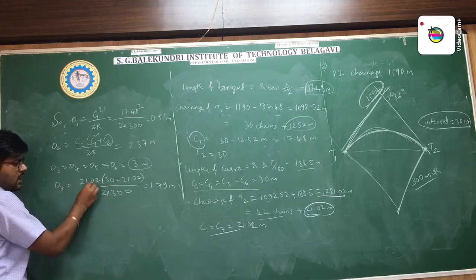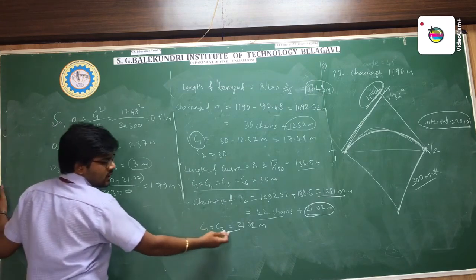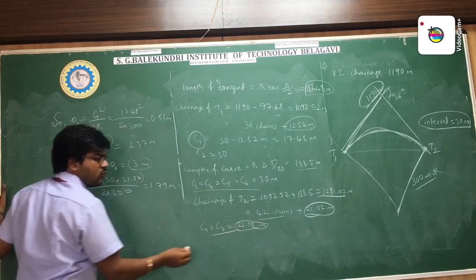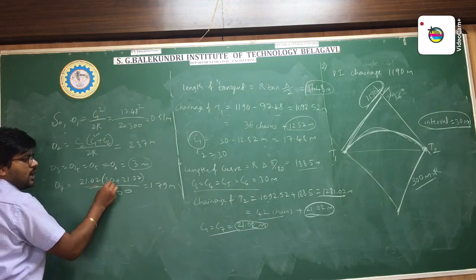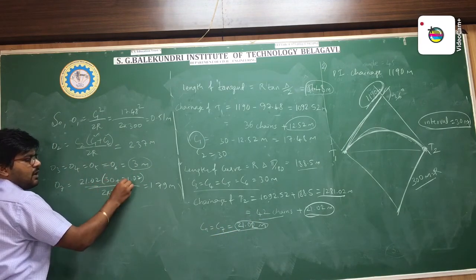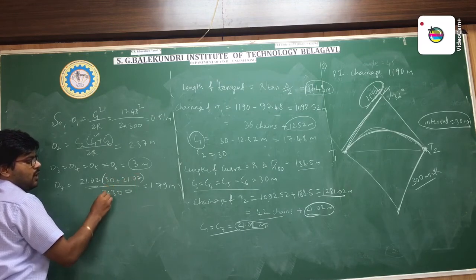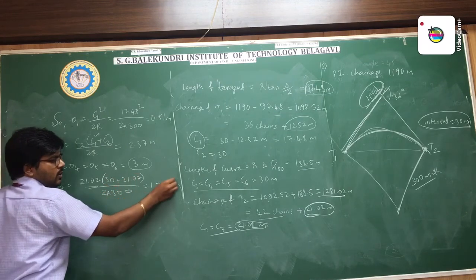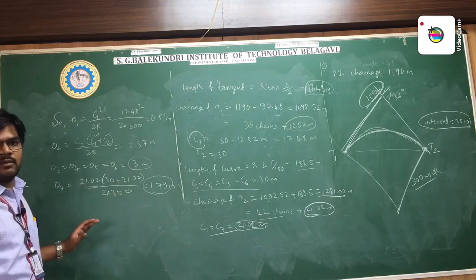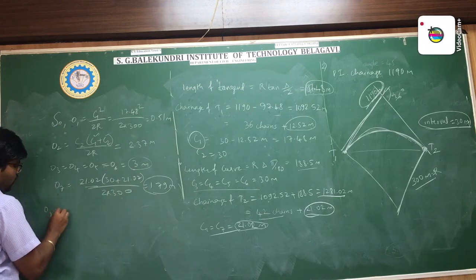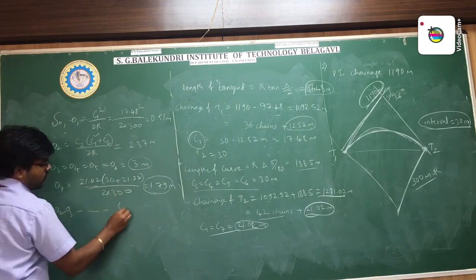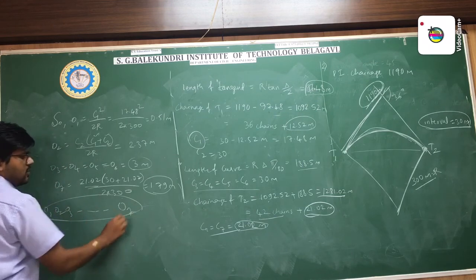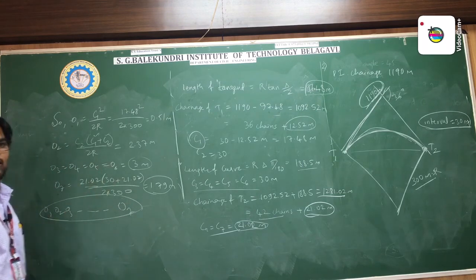The length of the last chord is 21.02 meter, and the previous one is 30 meter, so 30 plus 21.02 divided by 2 into R. You will get 1.79 meter. Like that, O1, O2, O3 up to O7, the last ordinate, can be calculated here.